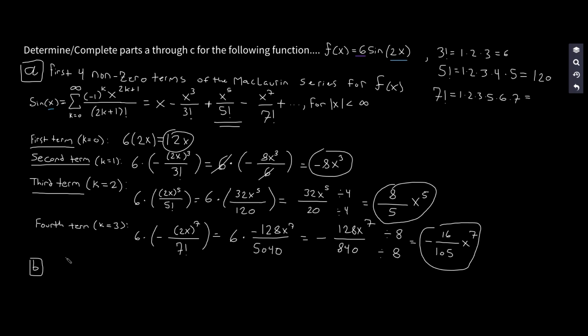Now we just look at the general rule. We know the summation notation for sine of x, so essentially it's asking us to just put this into summation notation. We took the standard sine sum and we plugged it into our specific values.